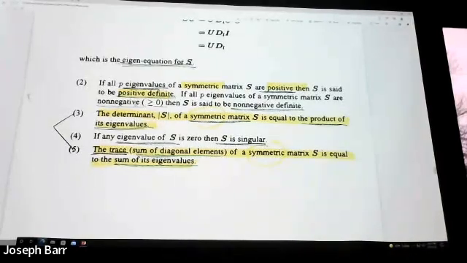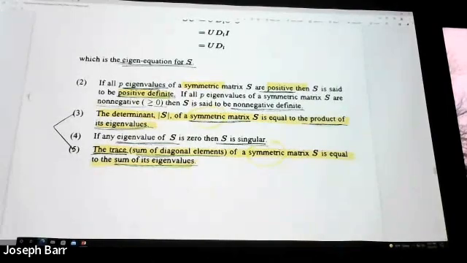If all P eigenvalues of S are non-negative, so they could be positive, but could be zero, it's not negative, then the matrix S is called non-negative definite. Just like a correlation matrix. A correlation matrix should be non-negative definite. That means the eigenvalues of the matrix cannot be negative. If one is negative, then it's definitely not a correlation matrix.